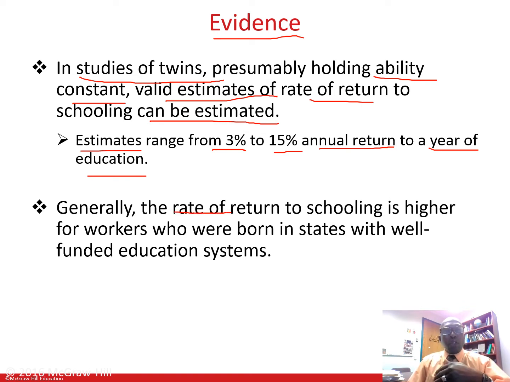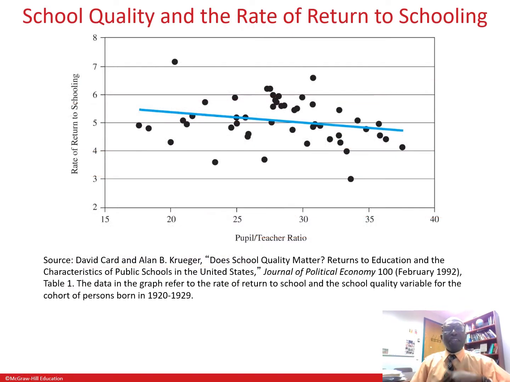Generally, the rate of return to schooling is higher for workers who were born in states with well-funded education systems. The graph about school quality and the rate of return to schooling illustrates some of this evidence.